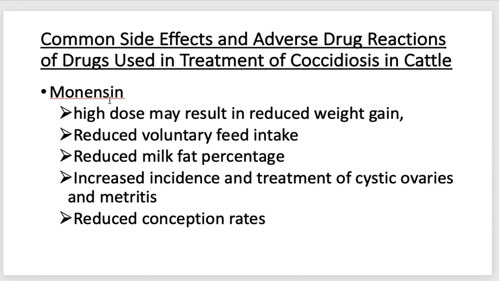So if you use monensin, you reduce that fat percentage in the milk. Increased incidence and treatment of cystic ovaries and metritis. So it can increase some incidence of issues like cystic ovaries and metritis. And also reduced conception rates. So an animal may not get conception during treatment with monensin because monensin reduces their conception rate.